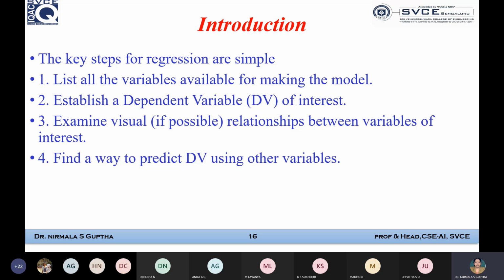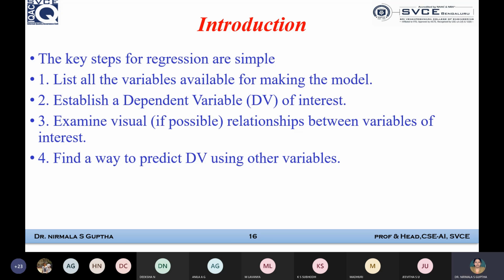The very first step, and actually all the steps are very simple, is that we need to list all the variables available before we try to construct or make this particular model. Then we establish only one dependent variable, abbreviated as DV of interest.